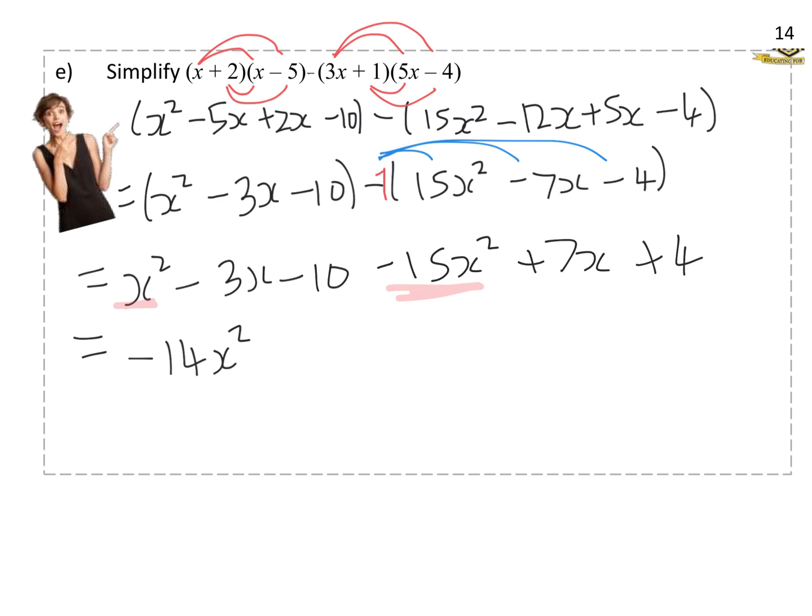We then have minus 3x, and we add 7x, so minus 3 plus 7, and that would give us plus 4, so plus 4x. And finally, we have minus 10, and we add on 4. So minus 10 plus 4 gives us minus 6.